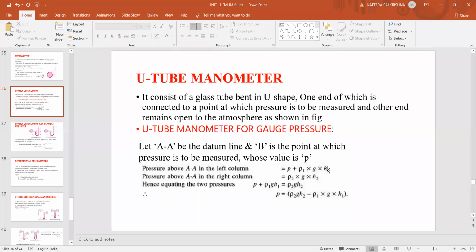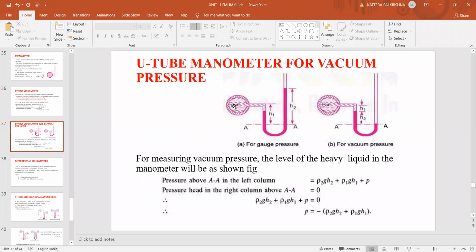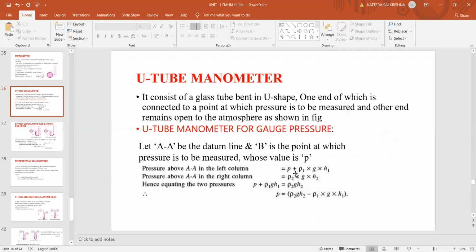So in the left column we have two pressures: one is the pressure inside the flowing fluid, and the other is created by the column H1. The formula for the pressure of a column is P equals rho g H1. So the pressure in the left limb is P plus rho 1 g H1.